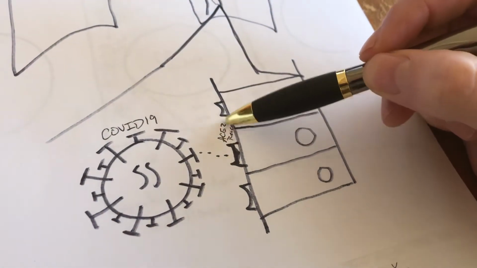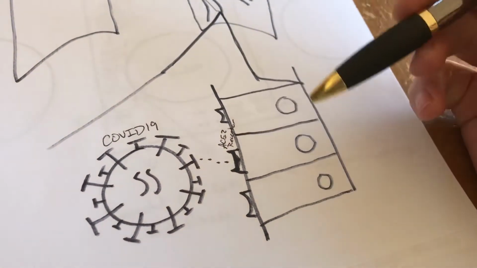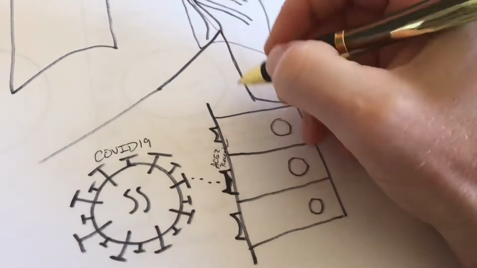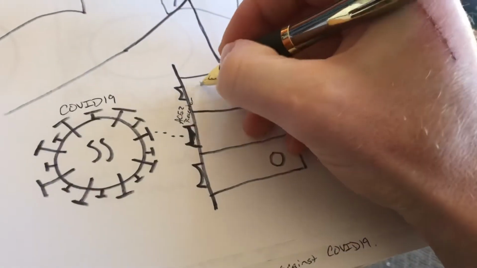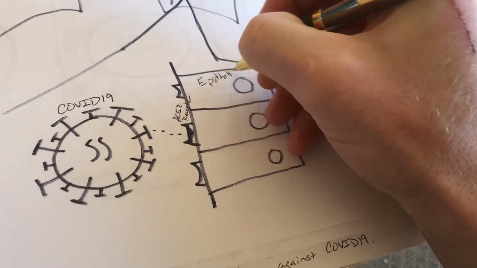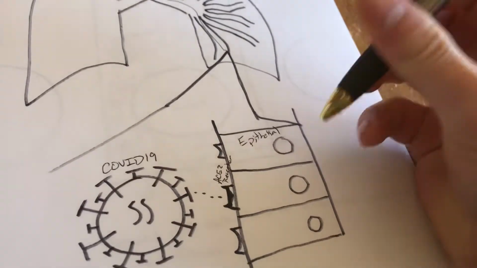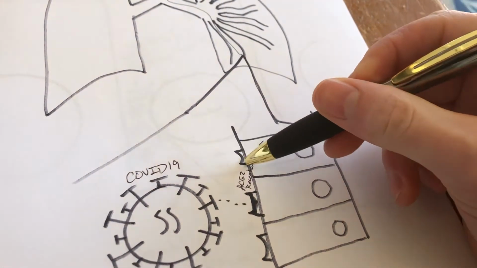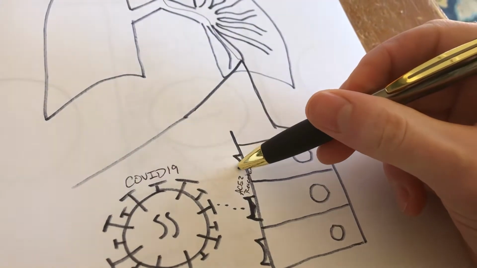And then on the surface of what we call epithelial cells, epithelial is just a fancy word for surface. So they're kind of the guard cells to the rest of the lung tissue behind. On the surface there are receptors.